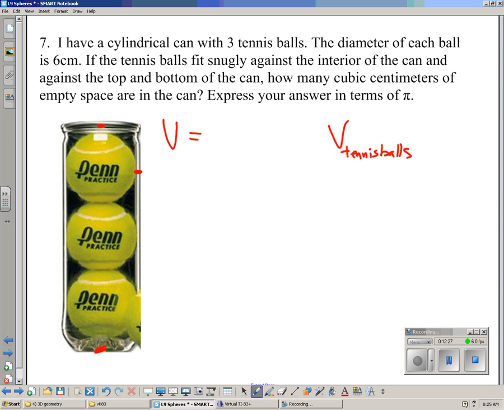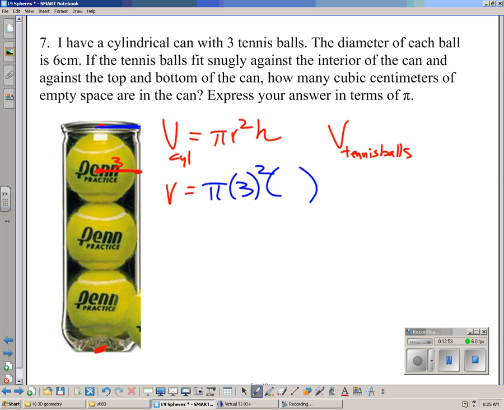So the volume of a cylinder, or of the can, is pi r squared h. Now the diameter of the tennis ball is 6, so that means the radius is 3. But that radius is also identical to the radius of the can, or the radius of the cylinder. Okay, so that 3 can be plugged into this formula.